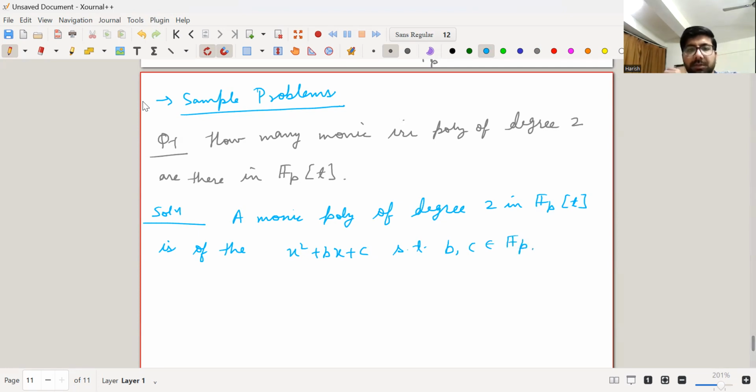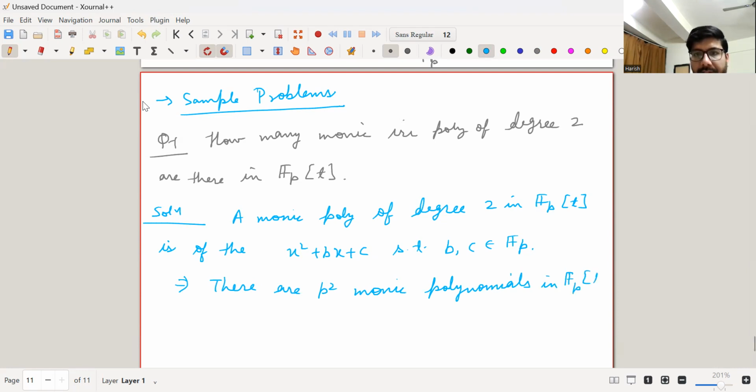So this implies there are p square distinct monic polynomials in Fp[x], right?